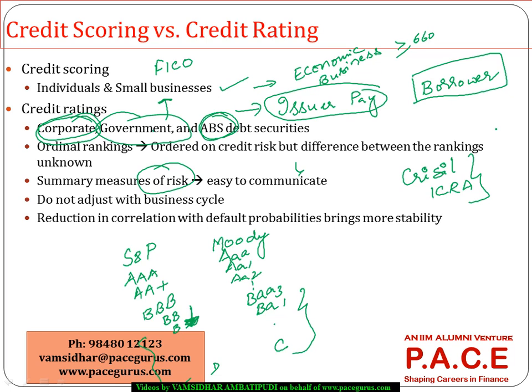But we have already said that the probability of default and loss given default typically change quite drastically with respect to the business cycle. So from that perspective, we have to be a little bit cautious about the credit ratings given by these agencies, and understand them thoroughly before using them for our interpretation purposes.